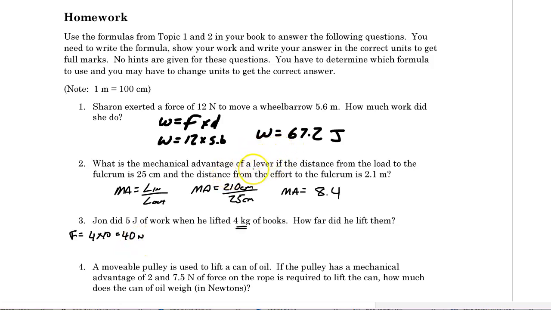Now, we've got the 5 joules of work. 5 joules of work is equal to 40 times d. So you'll divide both sides by 40, so 5 divided by 40. That means the distance is 0.125 meters, or 12.5 centimeters.